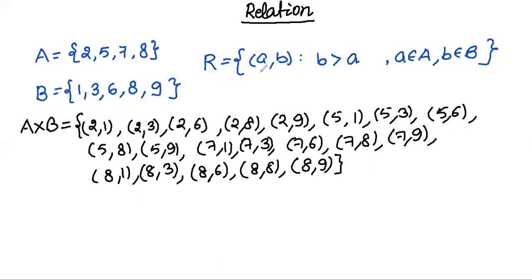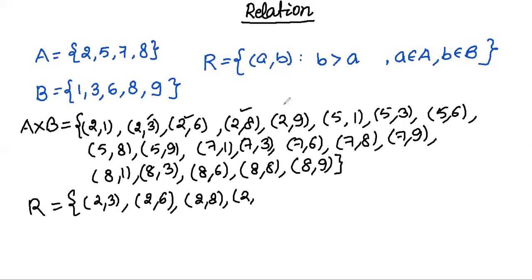Now according to condition R, we can find out R here. The condition is b is greater than a. So (2, 1) is not correct, (2, 3) is correct, so (2, 3) will be there. The next, again this is correct, b is greater than a, condition is satisfied. This is also correct, means (2, 8). Next is (2, 9) also. But (5, 1) is not correct. Now next, again not correct. Yes, b is greater than a, so here (5, 8) also. Yes, (5, 6) also will be there.